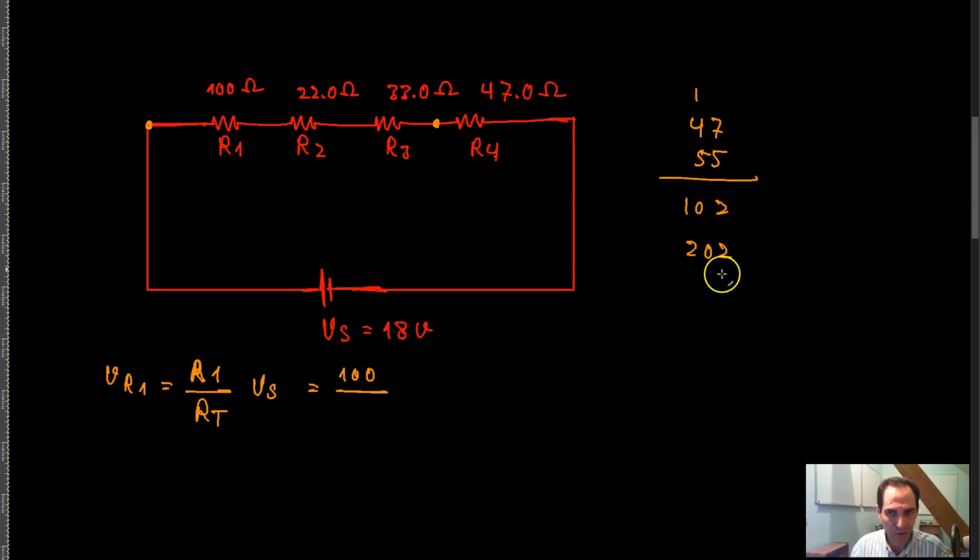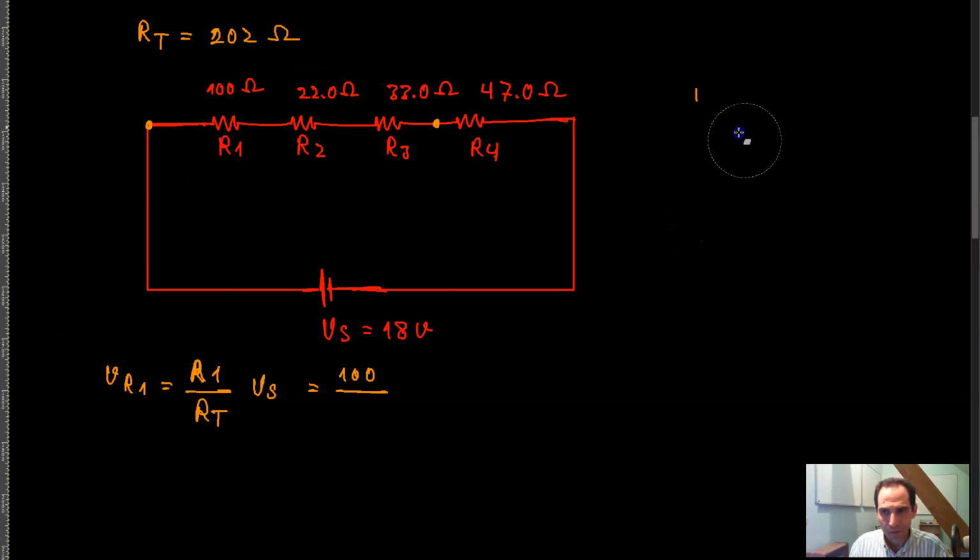That means that the equivalent resistance R of T in this circuit is equal to 202 ohm, right? So 202 ohm, you have the total resistance times V of S.